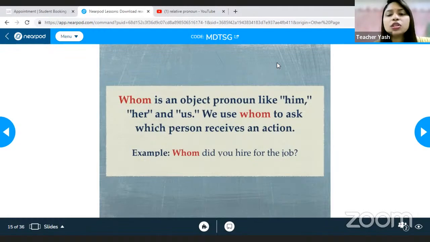Like whom did you hire for the job? So it's the same as who you hire for the job. Or whom did you go to Thailand with? Also can understand.